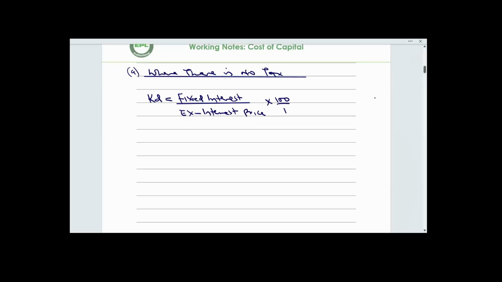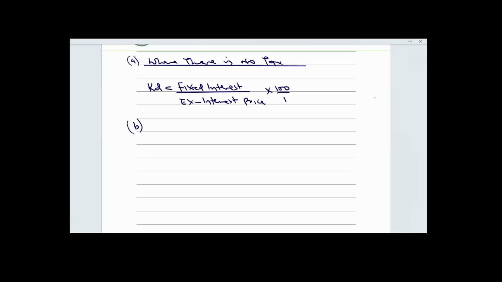Then number B, where there is tax. Under this circumstance, how do you calculate cost of debt?